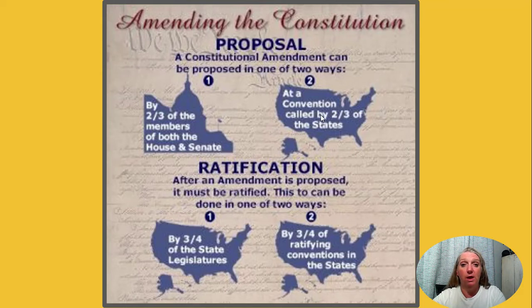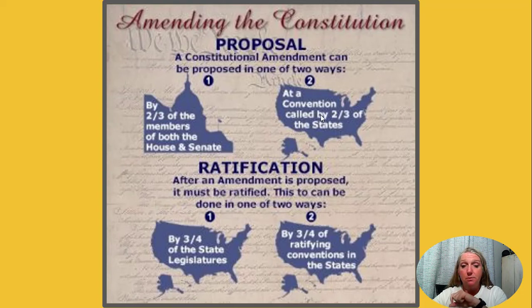So this is one way in which the people are holding power. If Congress is ignoring the will of the people, then the people have a way to get around that. So make sure you have jotted down to the side that this gives the people power. This proves that the people are the ones that are in power.